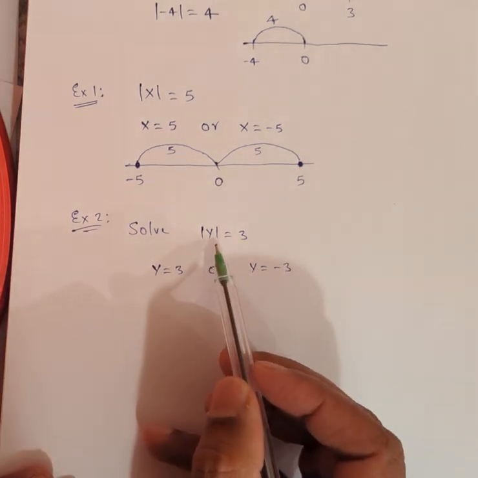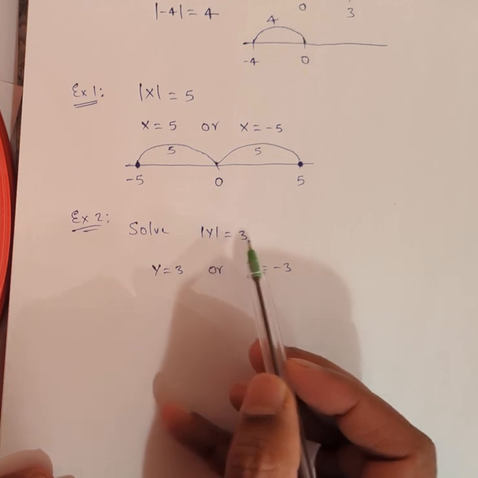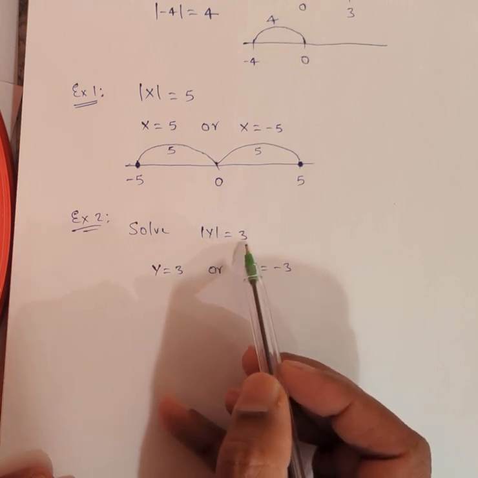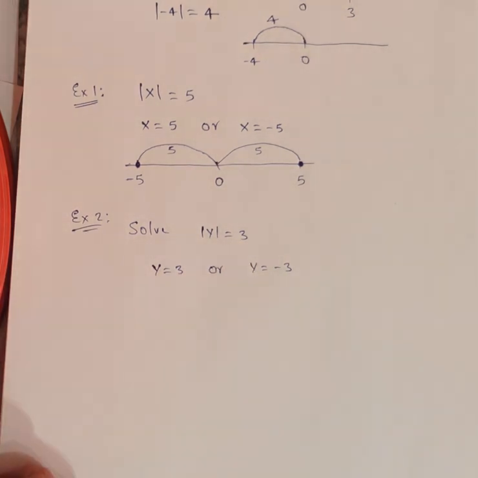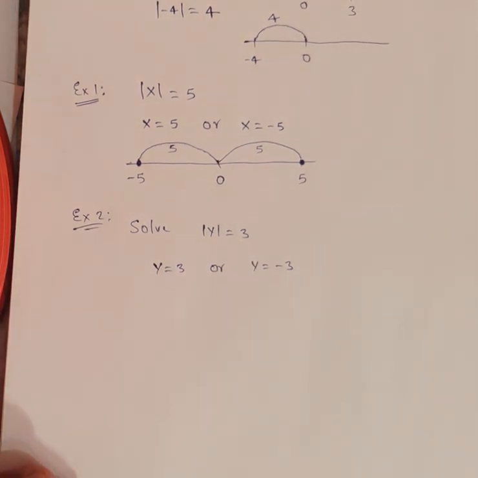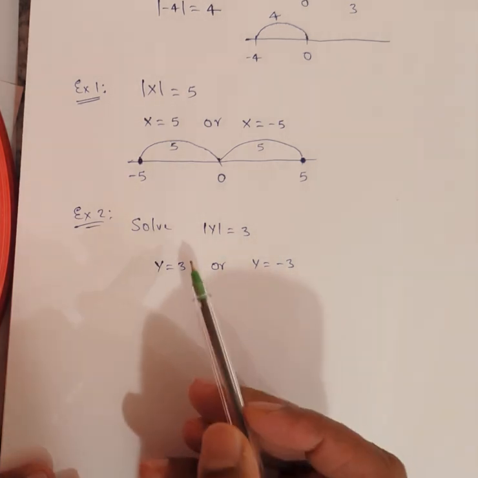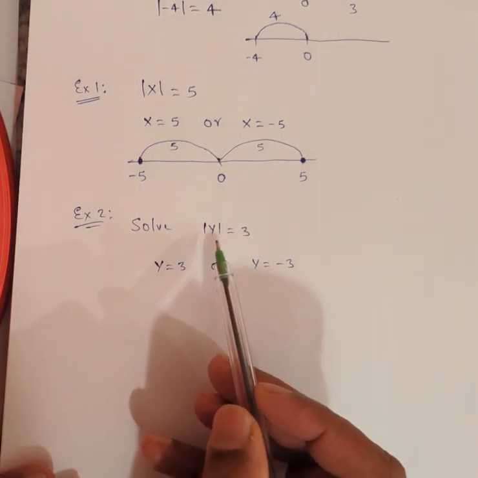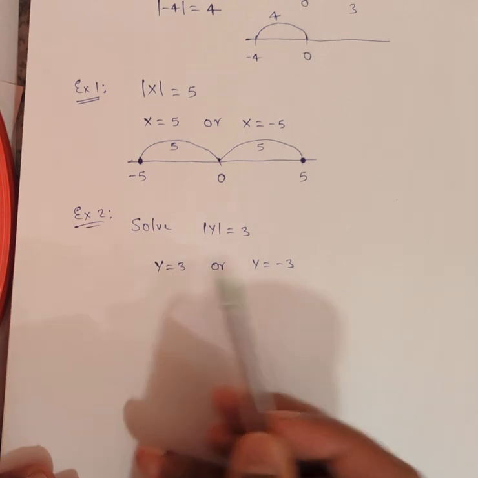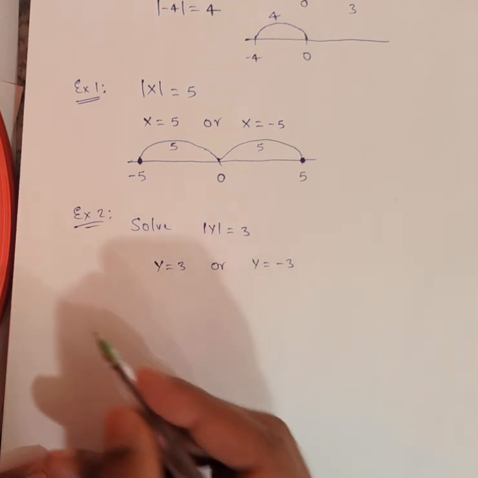So anytime you have to solve an absolute value, then it could be either the same positive number 3 or its opposite -3. Now usually the problems will involve little more than just this one step.